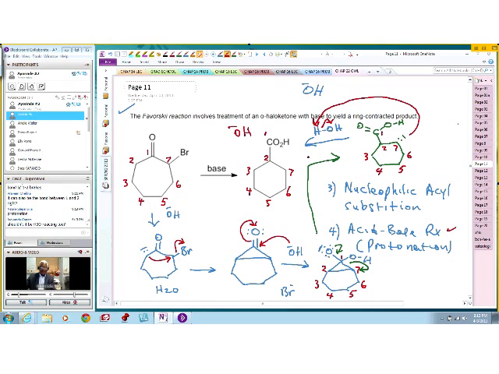We form this, plus we form the hydroxide. And that is how we get to this compound here. Now, this is what we call the Favorskii reaction.